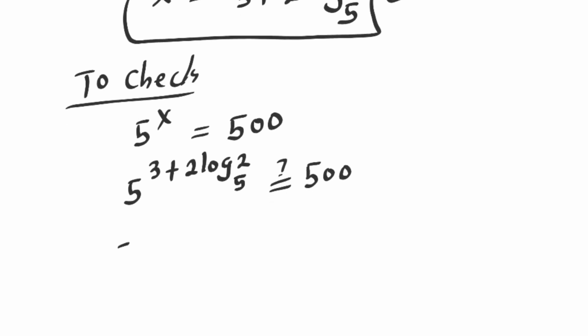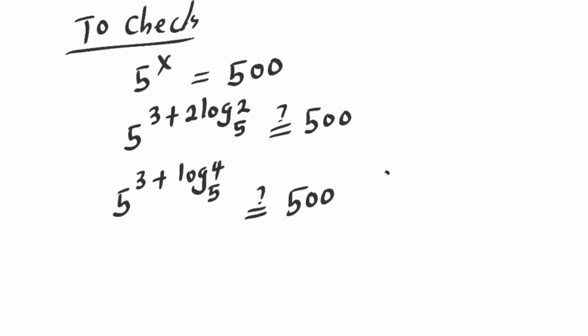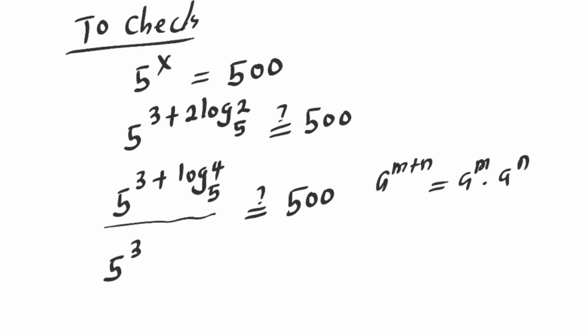This is the same thing as 5 raised to power 3 plus log 4 base 5. If you have a raised to power m plus n, this is equal to a raised to power m multiplied by a raised to power n. The whole of this can be written as 5 raised to power 3 multiplied by 5 raised to power log 4 base 5, must be equal to 500.